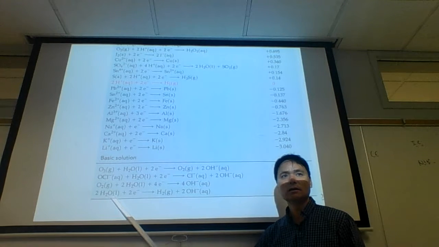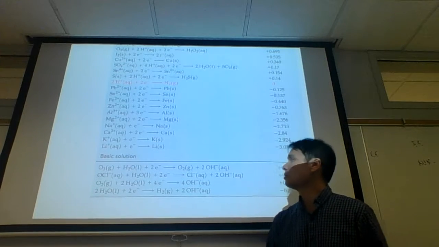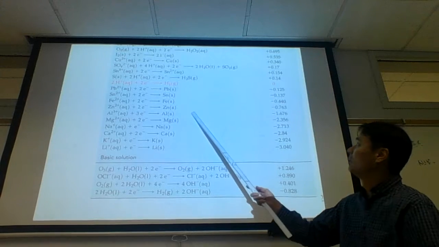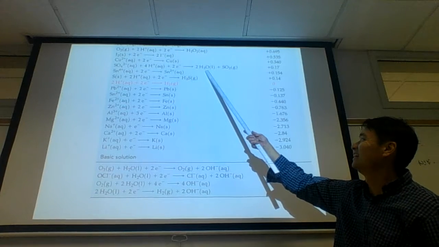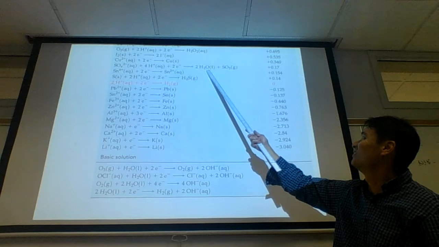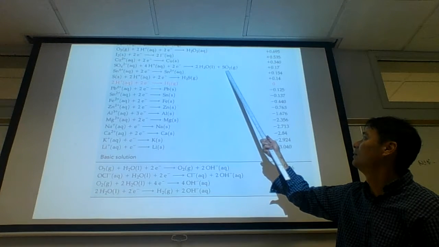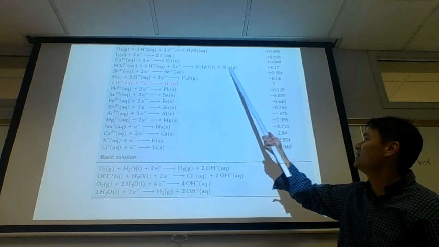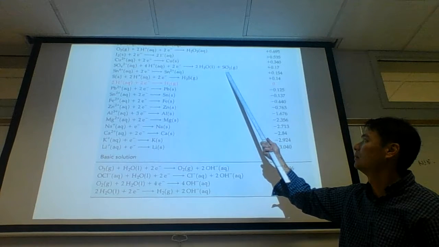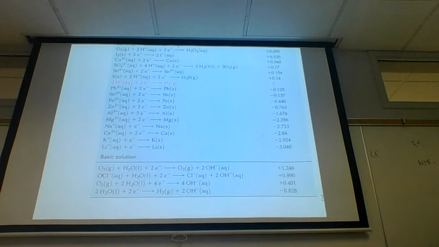Do you see it here? And water also occurs on the right side as a reducer. Here it is. Is that it? This is not it, because this is water and sulfur dioxide, so we need the sulfur dioxide there. That's not it. Water can also occur as a reducer. Let's scroll up.